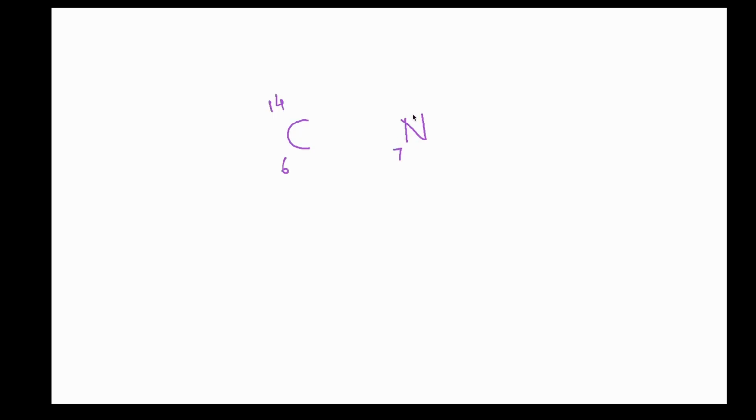and nitrogen 7, 14. Now if you look at this example, they are not isotopes. They are not isotopes in spite of having similar mass numbers. The reason being, one element is carbon and the other element is nitrogen.